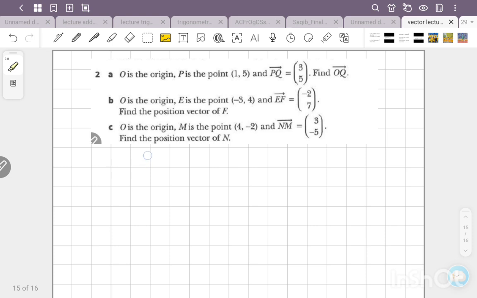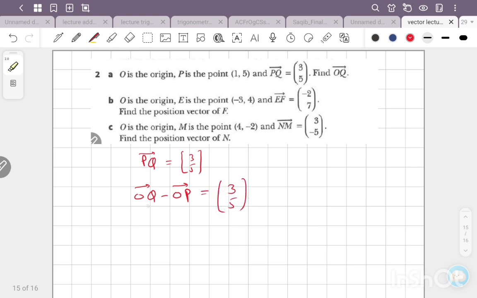We know that PQ equals (3, 5). We can write PQ equals OQ minus OP. We have to write it in this form because of position vectors, and this will be (3, 5).